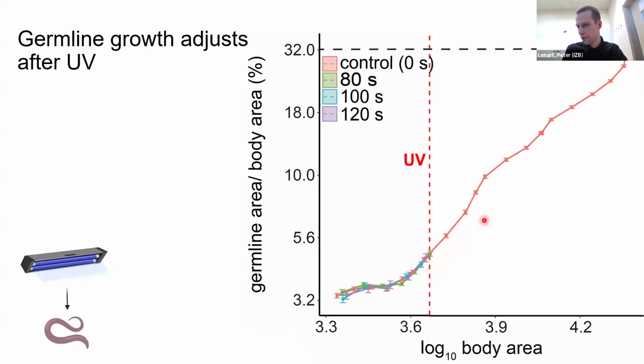After the UV, control continues to grow normally because it was not irradiated. But if you look at some condition after irradiation, for example, this highest dose, you can see that in this window of time, body basically stops growing, because these dots correspond to the same time points.